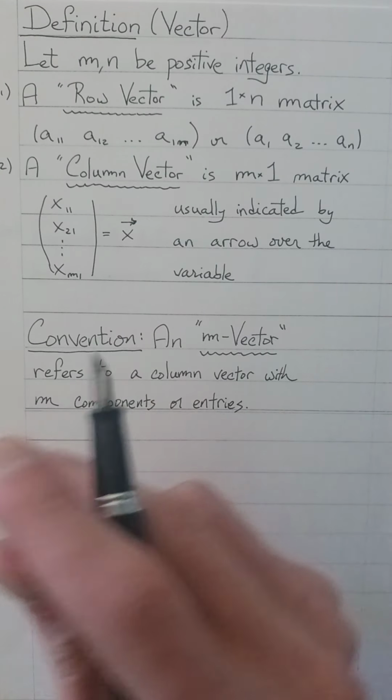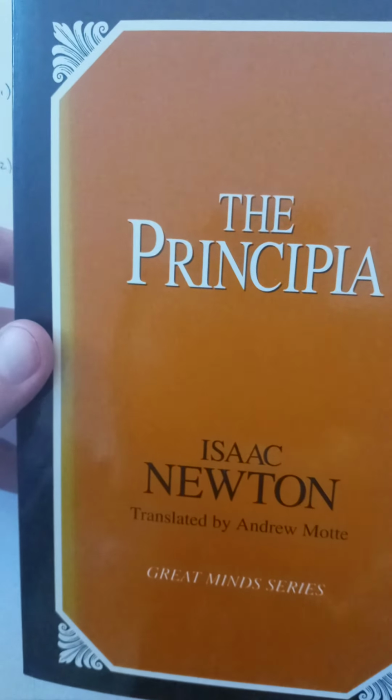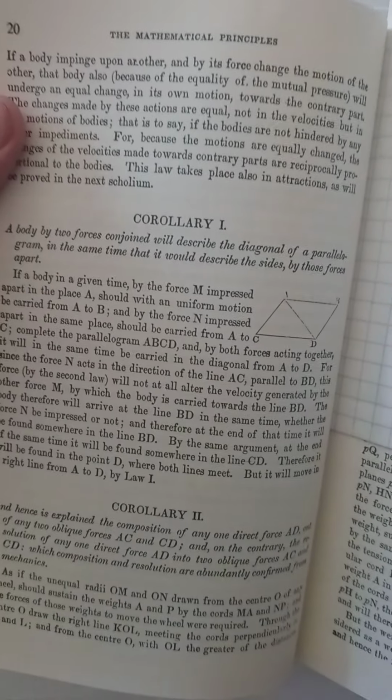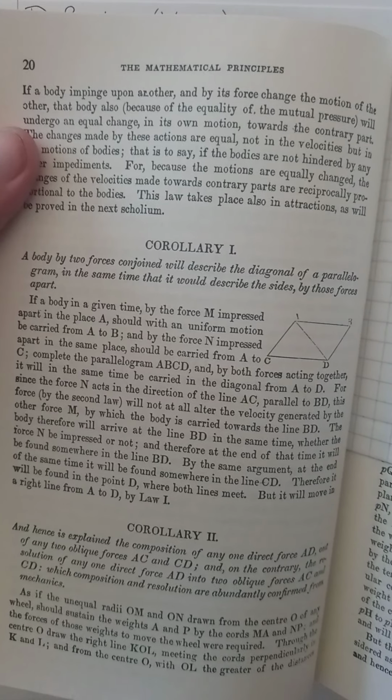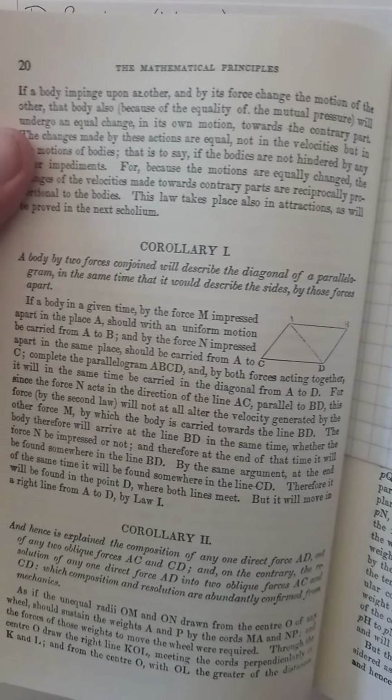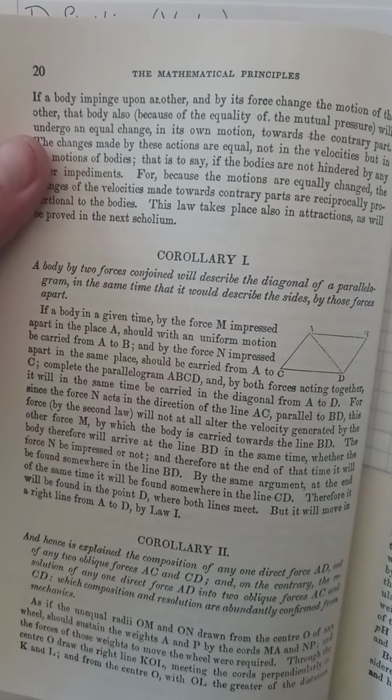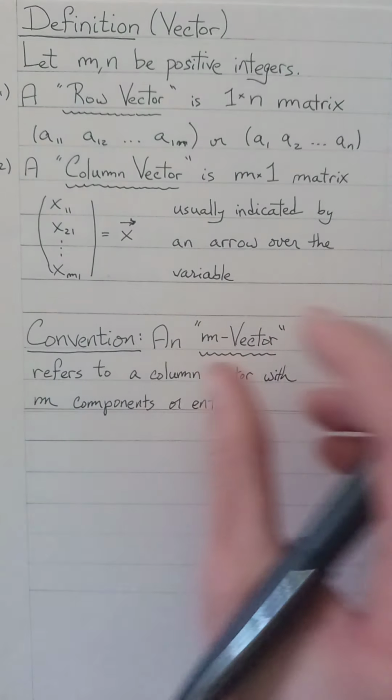So you might think, why introduce this? In Isaac Newton's Principia, Corollary 1, he actually talks about vectors without using that word. And he defines an operation to add two vectors together. So let's transcribe it, as it were.